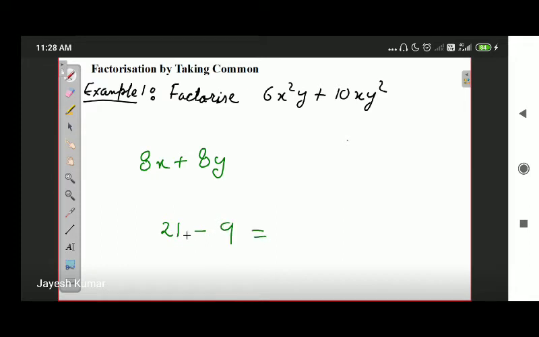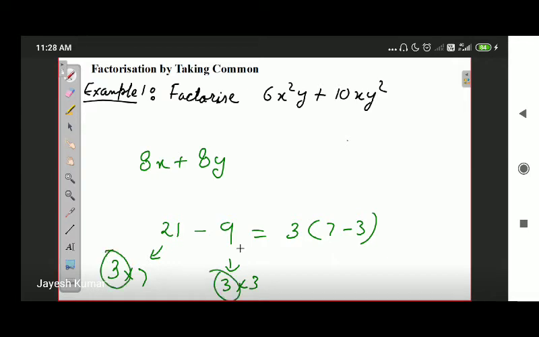Can you write 21 minus 9 as taking 3 as common, 7 minus 3? We can write that 21 is 3 into 7, 9 is 3 into 3. What we have done is we have taken 3 as common. After taking 3 as common, we write 3 outside and the remaining numbers inside along with their sign. We are going to do the same kind of thing with polynomials.